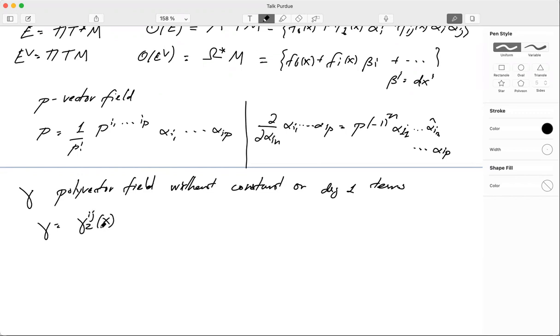This is some function of my coordinate on the manifold, and let me put this factorial factor over here, alpha I alpha j, plus gamma 3 ijk over 3 factorial alpha I alpha j alpha k, and so on. And each one of these is a real valued tensor. So this is a matrix, and this is a rank 3 tensor, etc.